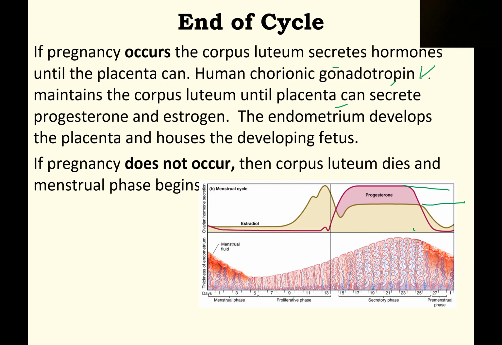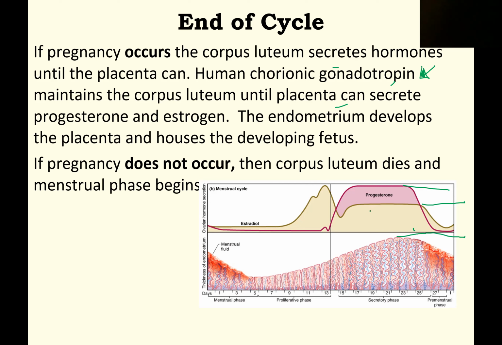Again, you're going to need that for your hormone assignment. It maintains the corpus luteum until the placenta can take over secretion of estrogen and progesterone. The endometrium is going to be maintained, and it develops the placenta and houses the developing fetus.